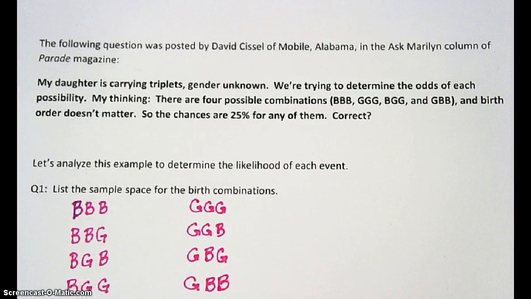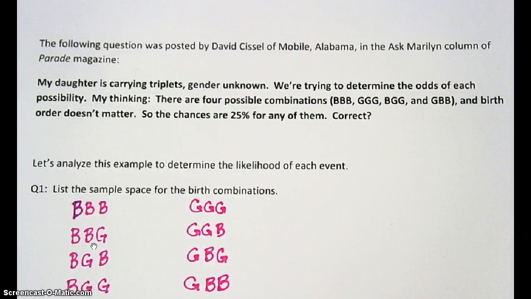So here's our sample space. We can have boy, boy, boy; boy, boy, girl; boy, girl, boy; boy, girl, girl; or girl, girl, girl; girl, girl, boy; girl, boy, girl; girl, boy, boy. And again, all of these are different combinations because the order does matter.